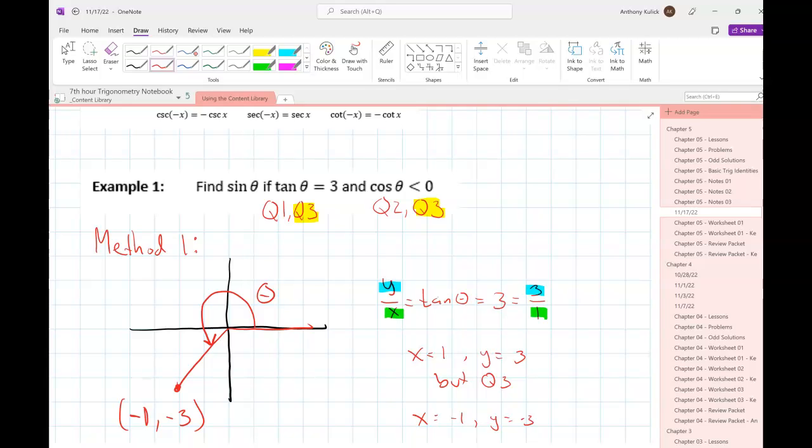So this picture that I've drawn, what definition of sine, cosine, and tangent am I using? This is a point on the terminal side, right? Notice it's not a unit circle because we are not 1 unit away from the origin.